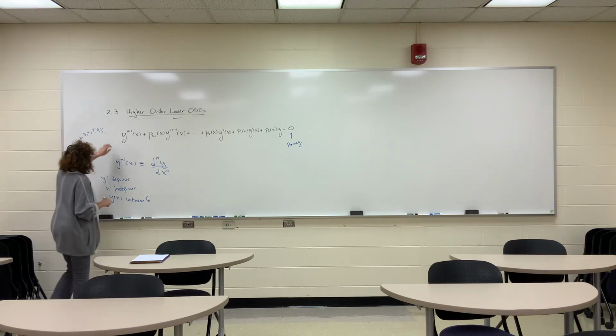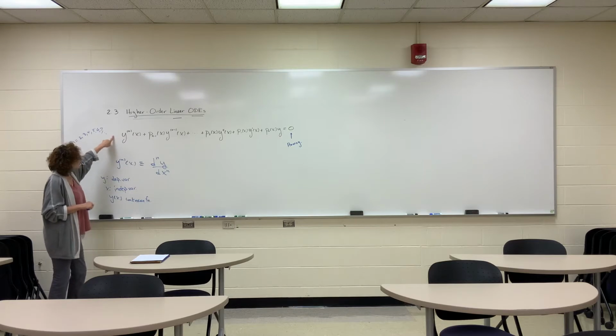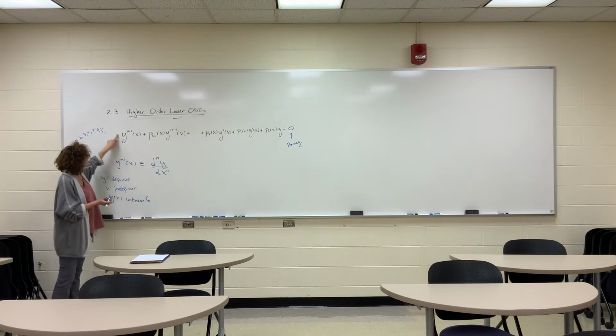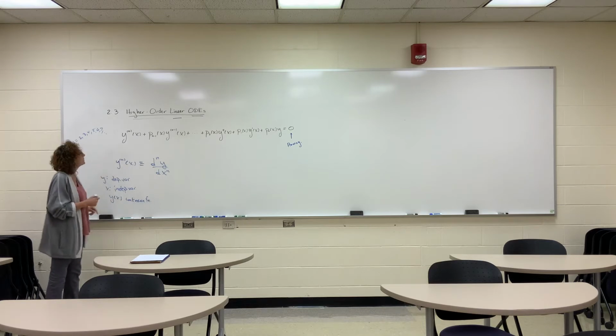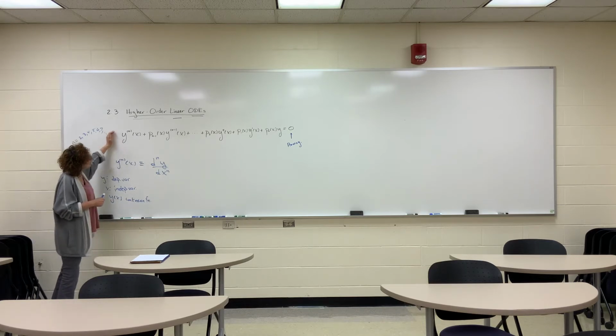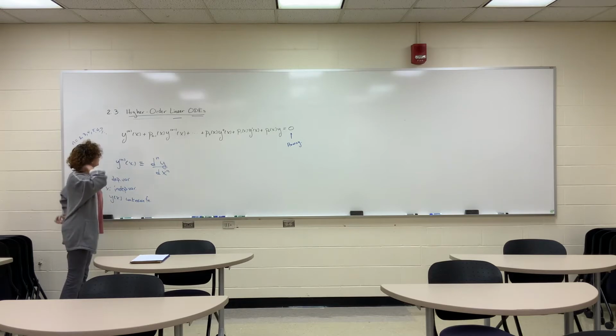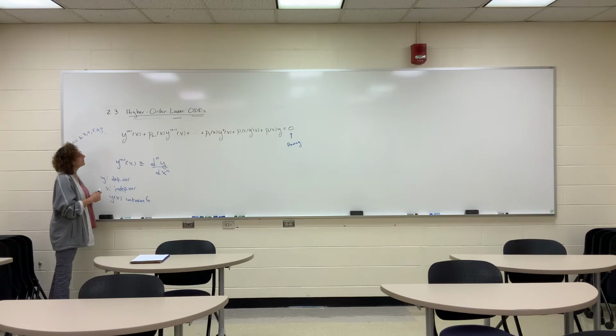We could have had a coefficient function pn of x sitting out in front of our nth derivative of y, but the standard form, like what we saw before with first order ODEs, is to divide through by that so that the coefficient of the highest order derivative is 1.